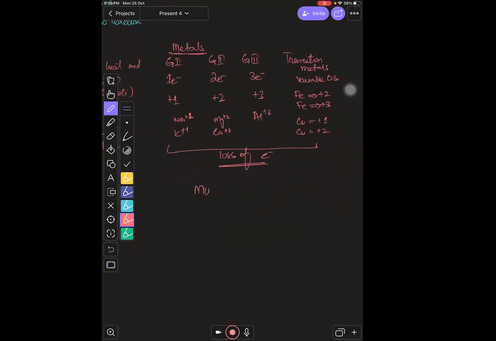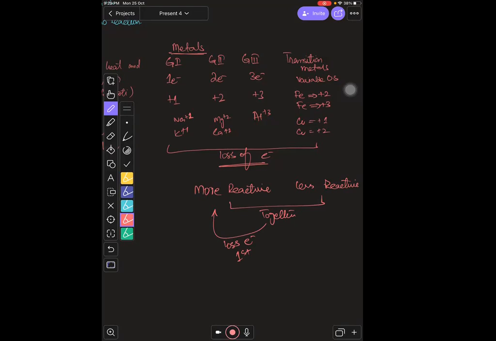Now, if you have a more reactive and a less reactive metal together, only the more reactive can lose electrons first. If there is an opportunity to lose electrons, the more reactive metal will lose electrons first, and once that is finished, the second opportunity goes to the less reactive one.